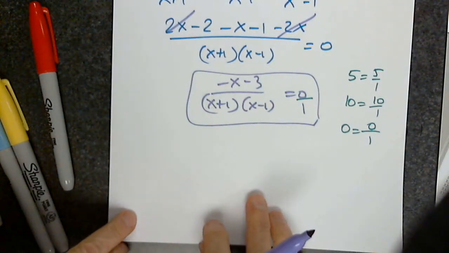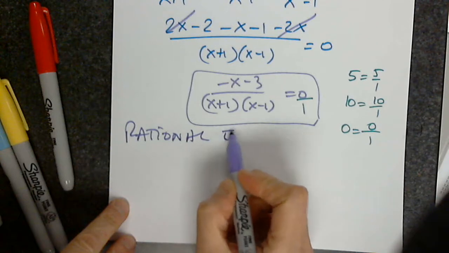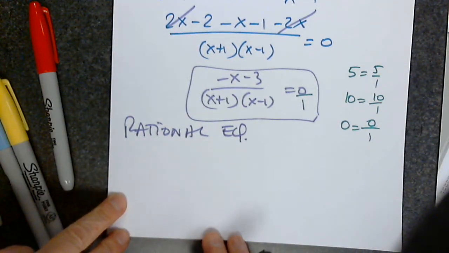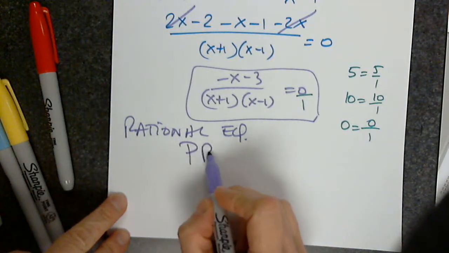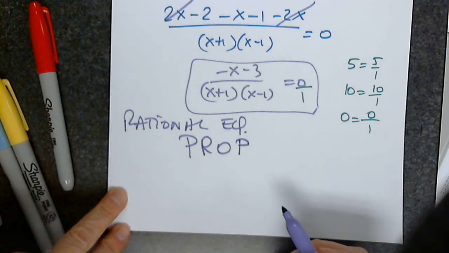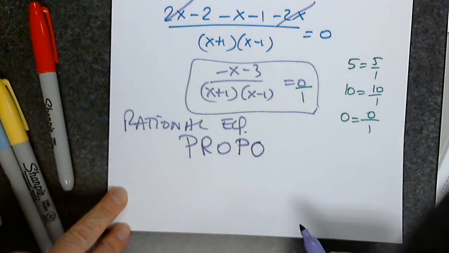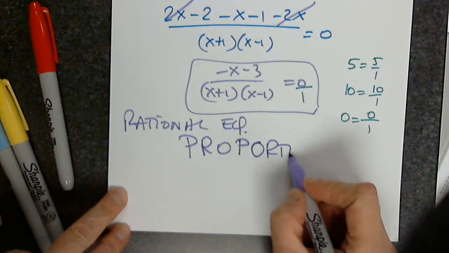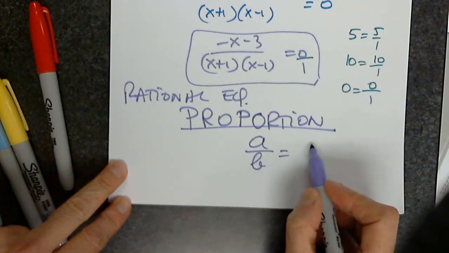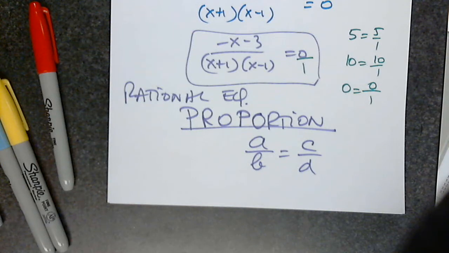It's still a rational. Proportion. It is a proportion. A proportion is a fraction on one side and a fraction on the other, nothing else attached.